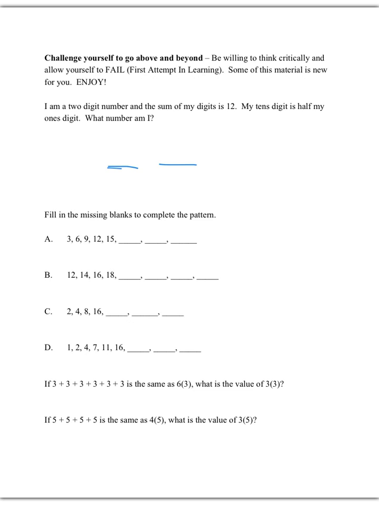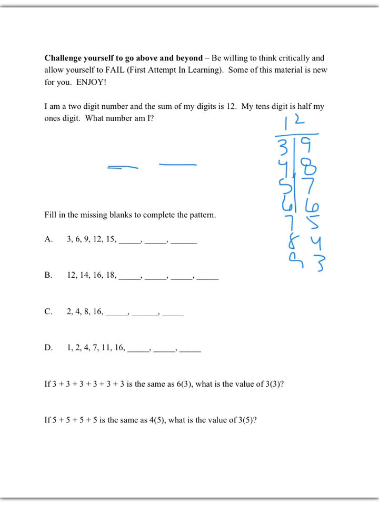If I think about a 2-digit number whose digits sum to 12, my digits could be 3 and 9, 4 and 8, 5 and 7, 6 and 6, 7 and 5, 8 and 4, 9 and 3. Then my tens digit is half my ones digit. What number am I? Obviously, they can go back and apply which one's the tens digit, which one's the ones digit, and figure it out.